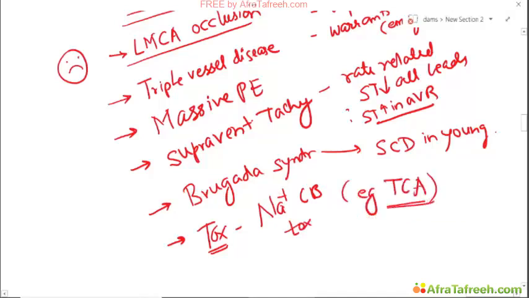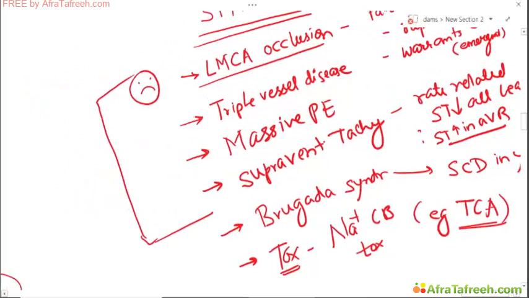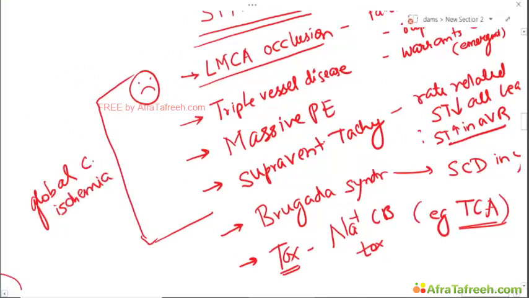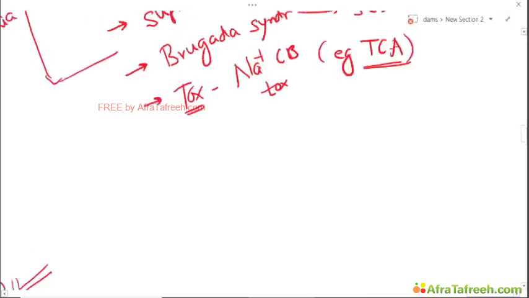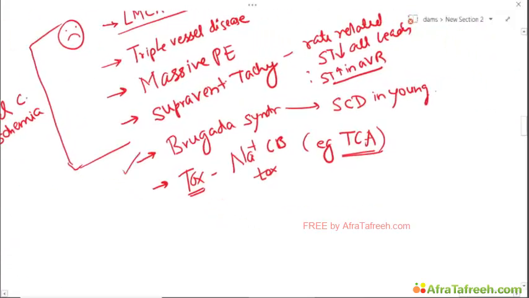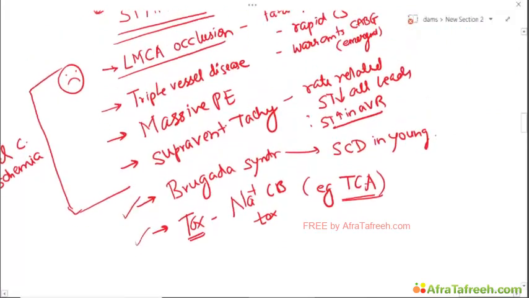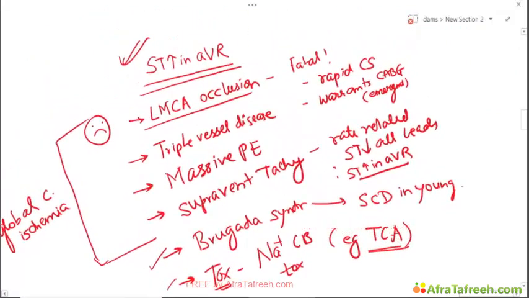Okay, this is an important thing. Till here you can see most of the cardiovascular conditions which cause global cardiac ischemia cause an ST elevation in AVR. Okay, primarily. Brugada syndrome can cause it, and toxicologic causes like sodium channel blockade toxicity can also cause ST elevation in AVR.